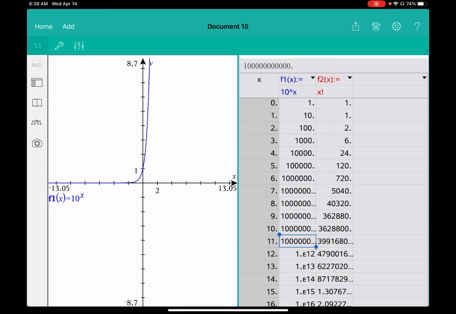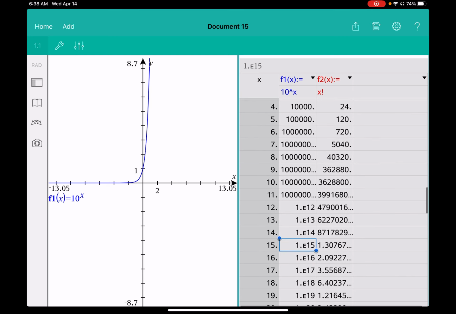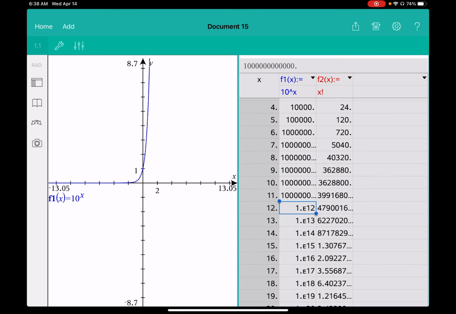And then here, let's look at the 11th one versus this one. Okay, so the 10 to the x is still bigger. This is like 1 times 10 to the 12th power versus this one here. It takes a little bit longer for the factorial to overcome, but eventually it does.